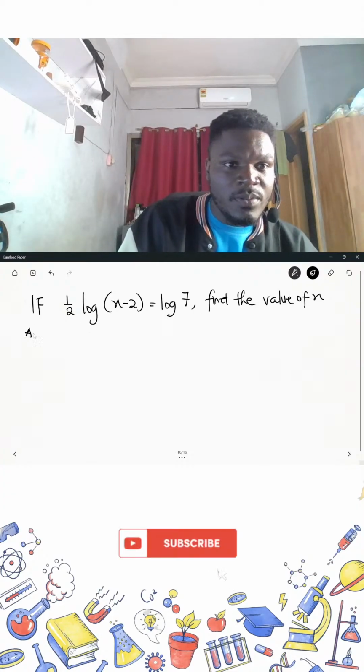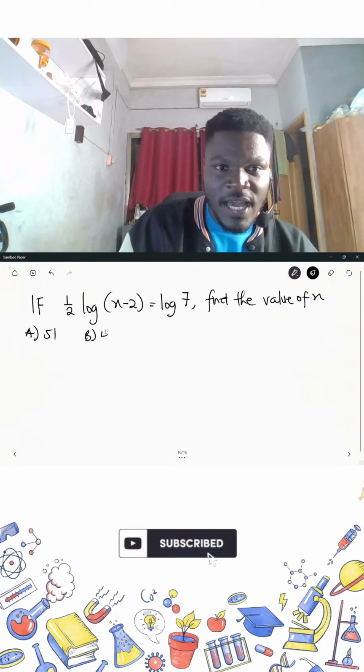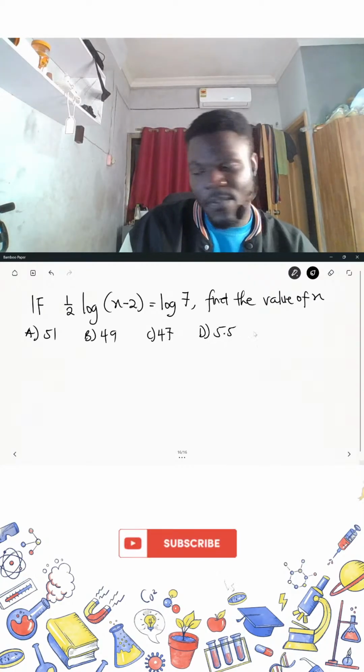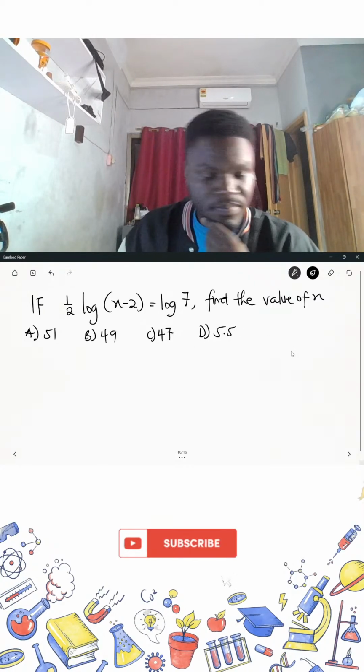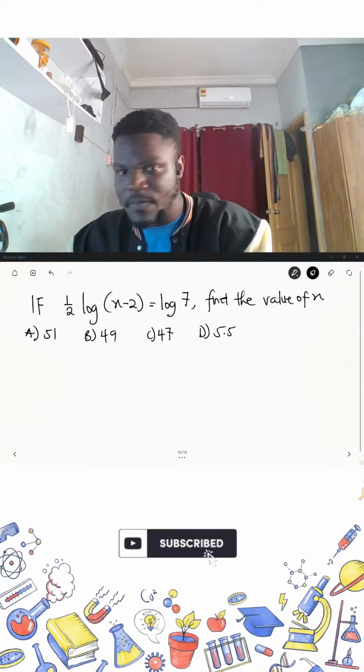So I have here option A is 51, option B is 49, option C is 47, option D is 5.5. So this is the next question that I have. What do we have for me?